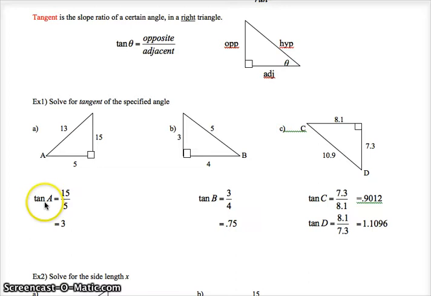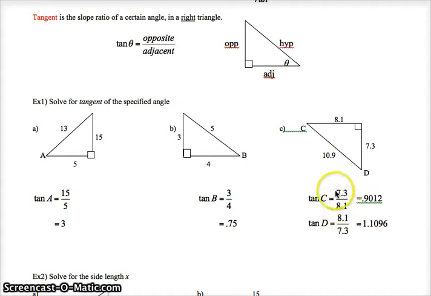Alright, so we can see that the tangent of angle A is our opposite, 15, over our adjacent side, 5, which reduces to 3. For B, our opposite over our adjacent is 3 over 4, which we can reduce to the decimal 0.75. And then for C, our opposite over our adjacent is 7.3 over 8.1.